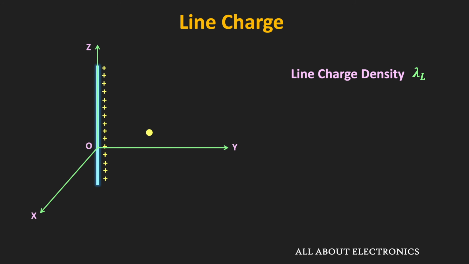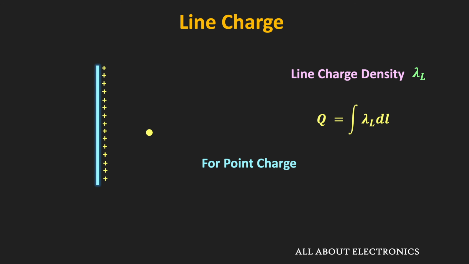Earlier, we have seen that if we are given the uniform charge density lambda L, then we can find the total charge of this line charge distribution. And we also know that for the point charge, the electric field intensity at the given location is given by E equals Q divided by 4 pi epsilon naught r square, times a unit vector that gives the direction.